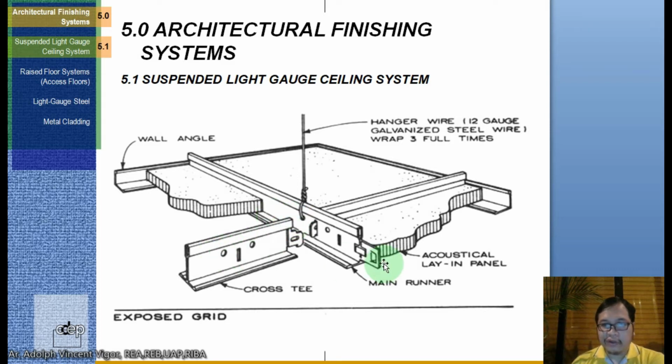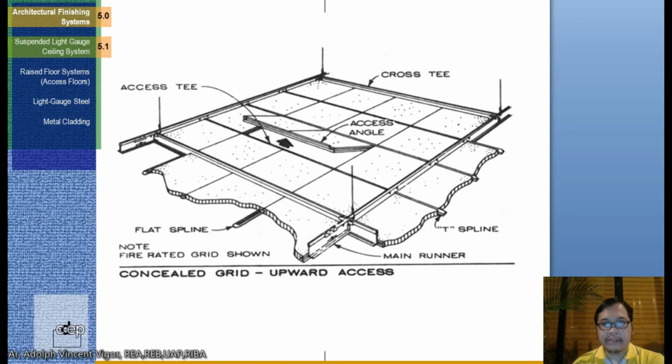Okay, so usually this light gauge ceiling system is made up of aluminum. So this one. Okay. So this is what you see commonly in office buildings, in some malls, etc. Okay.